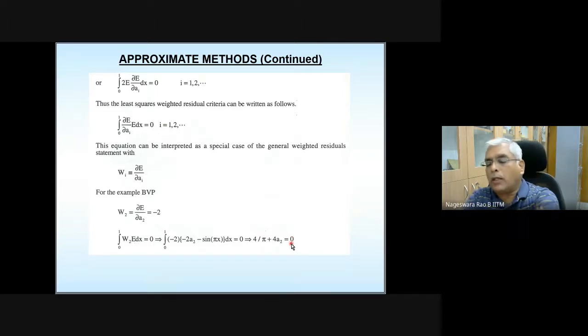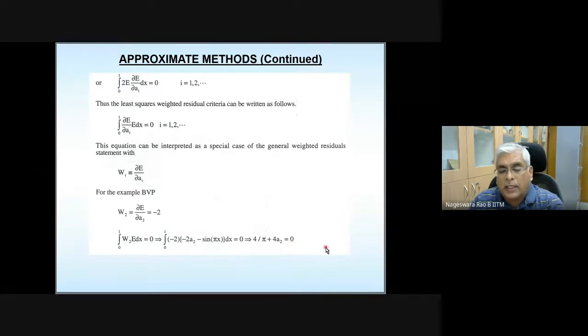You need to solve those simultaneous equations. Linear system of equations you need to solve for the unknown coefficients. Here in the example problem that we looked at, only one coefficient needs to be determined. One unknown parameter needs to be determined. So one equation is obtained, and that equation is solved.